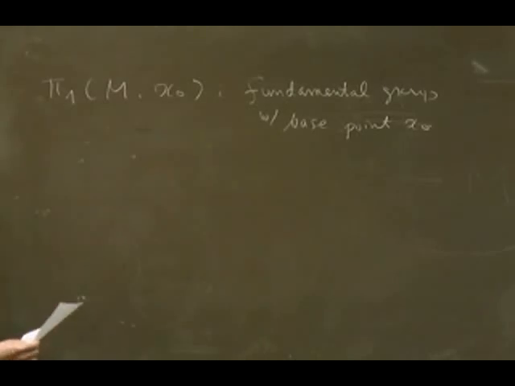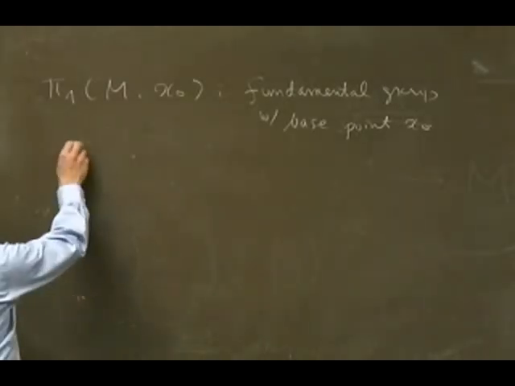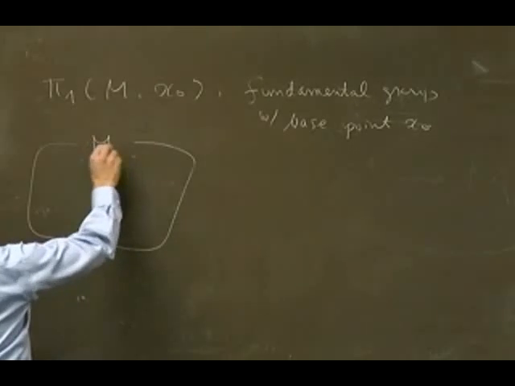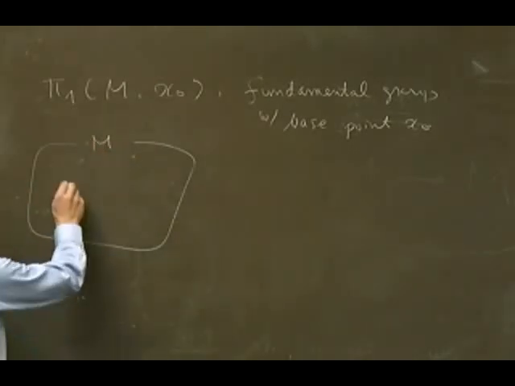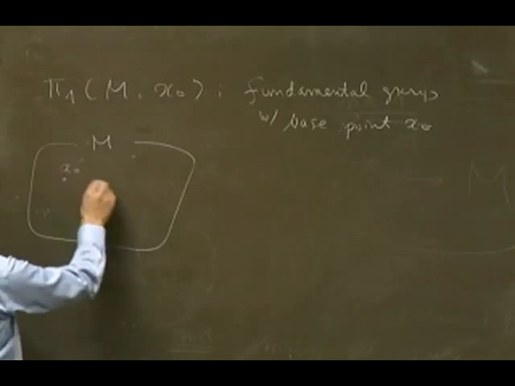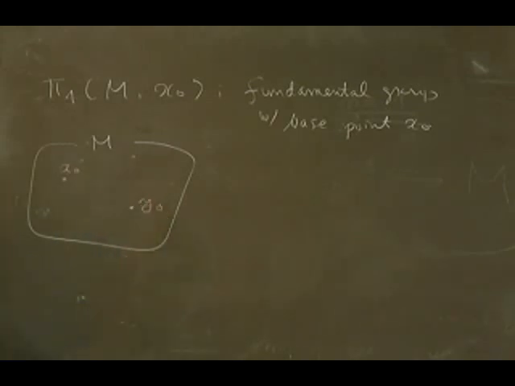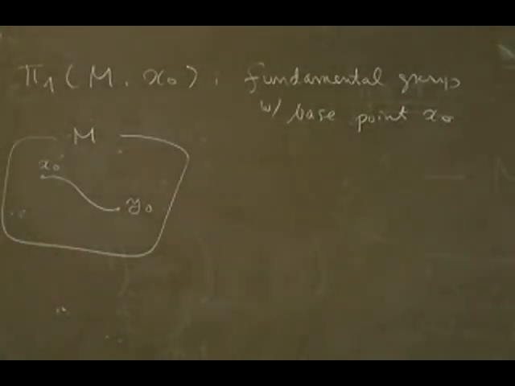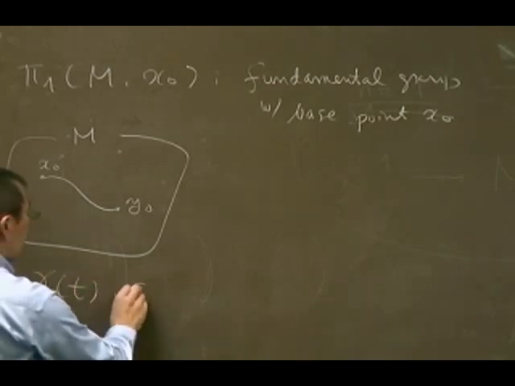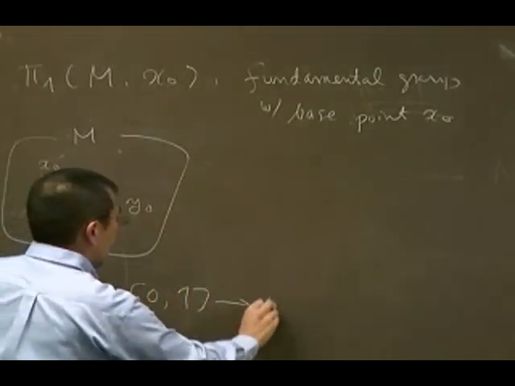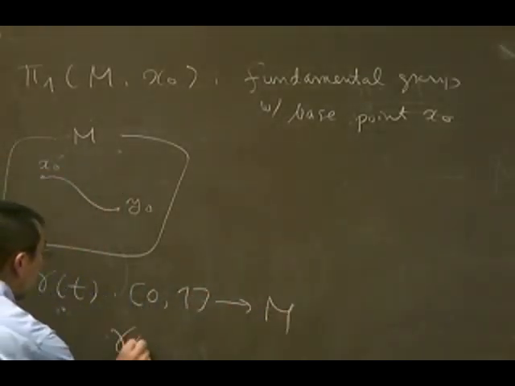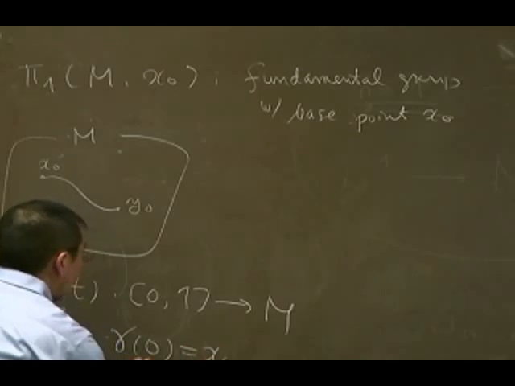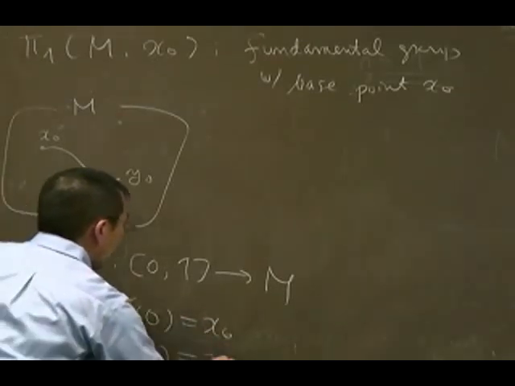It turns out that suppose you have a manifold M with the following property: if you pick any two points, x0 and y0, you can always connect them by some kind of open interval, namely you can always have a continuous map gamma from an interval to the manifold in such a way that gamma of 0 is x0 and gamma of 1 is y0.